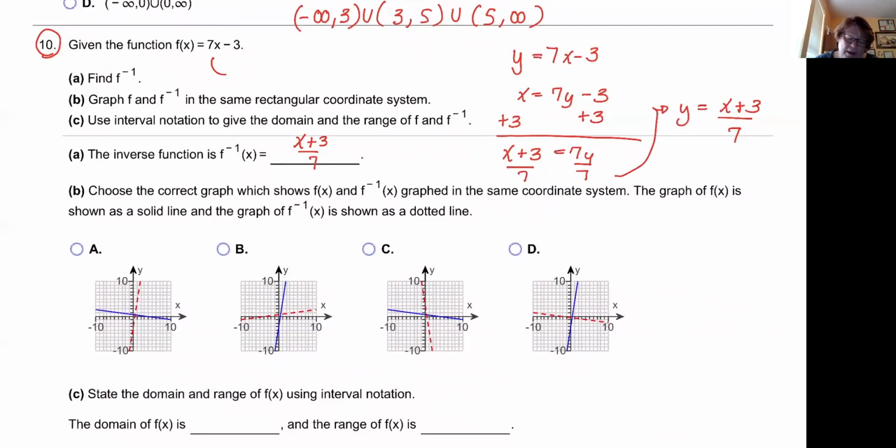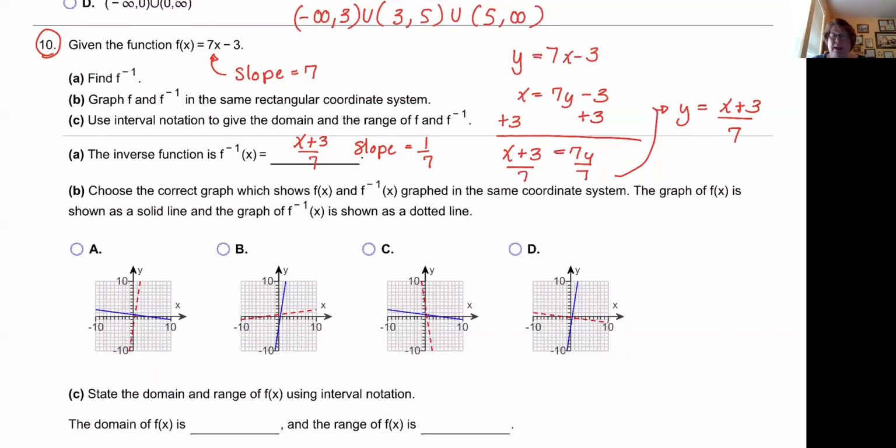The slope of my function is 7. The slope of my inverse is 1 over 7. Is that a coincidence? The answer is no. They are going to have reciprocal slopes if they are inverses of each other. So A cannot be the answer because the blue line, which is the line of my function, has a negative slope. It's going down.